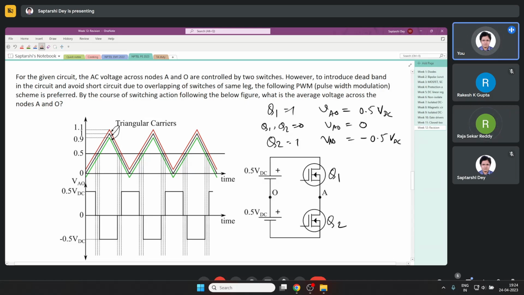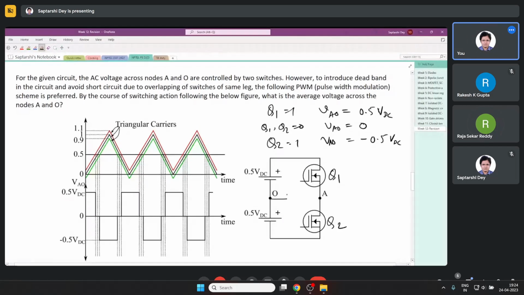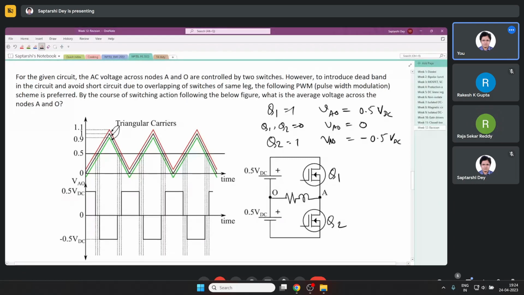Let us say there is a load. Okay, now I have made it even more complicated. We need a diode. Okay, forget this. If I consider a resistive load, then we can say VAO is 0, right?